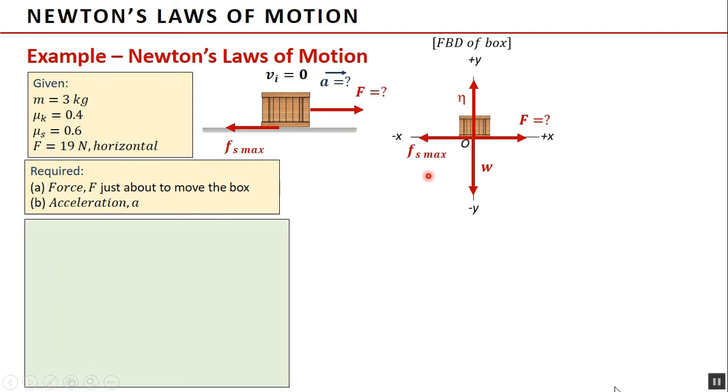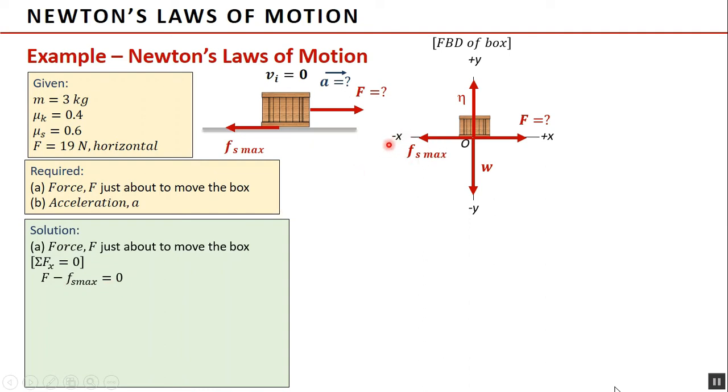Then we are about to solve for the force F. Force F is on the x-axis, and we will consider Newton's first law for the x-axis, since the box is impending to motion. So the summation of forces along the x-axis must be equal to 0. The forces along the x-axis are the force F minus the maximum static friction, which is equal to 0. Again, don't forget the negative here, since the friction is pointing in the negative x direction.